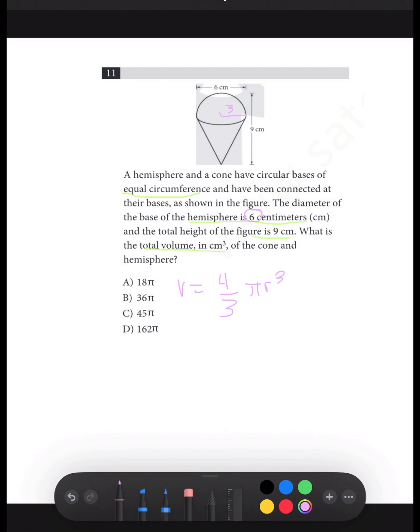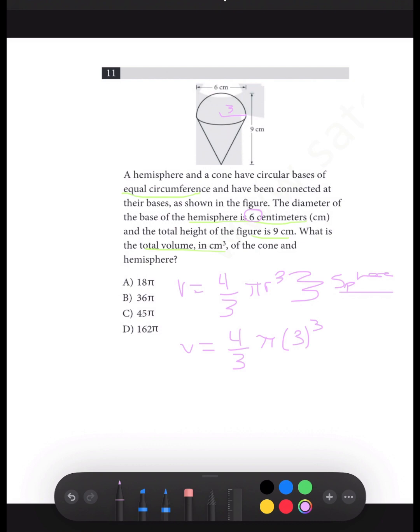So now all we have to do is substitute the 3 for the r. So we get volume equals 4/3 pi 3 cubed.